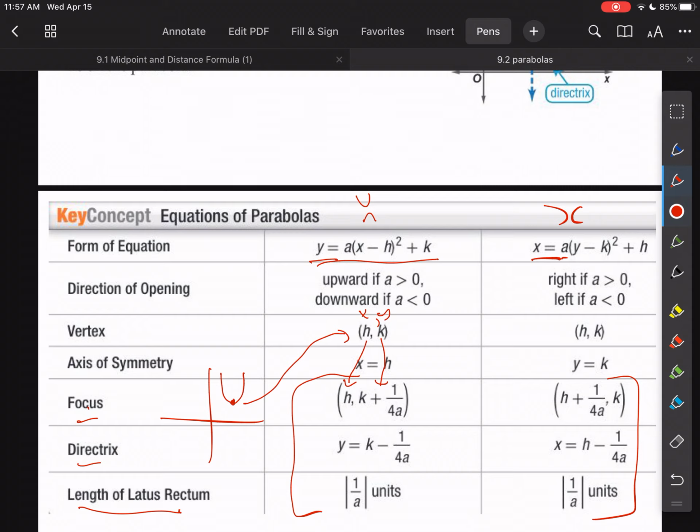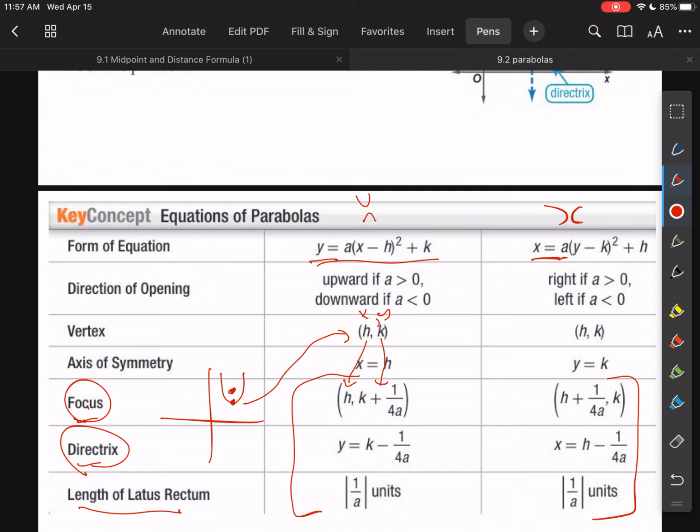By definition, a parabola is the set of all points that are equidistant from a focus and a directrix. The focus will always be on the inside of the parabola, so the focus may be right there, for instance.